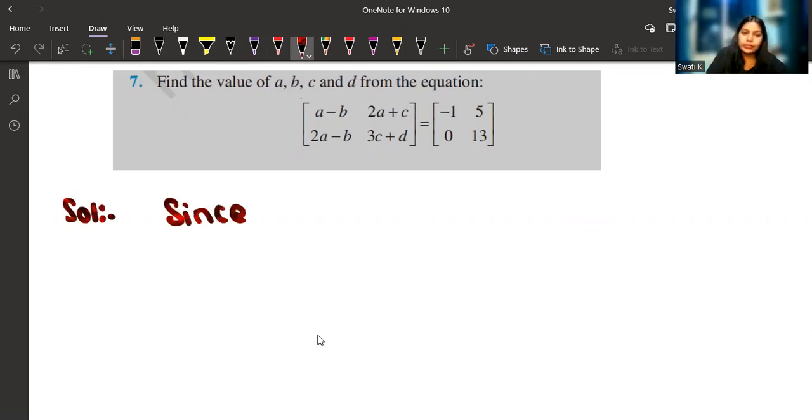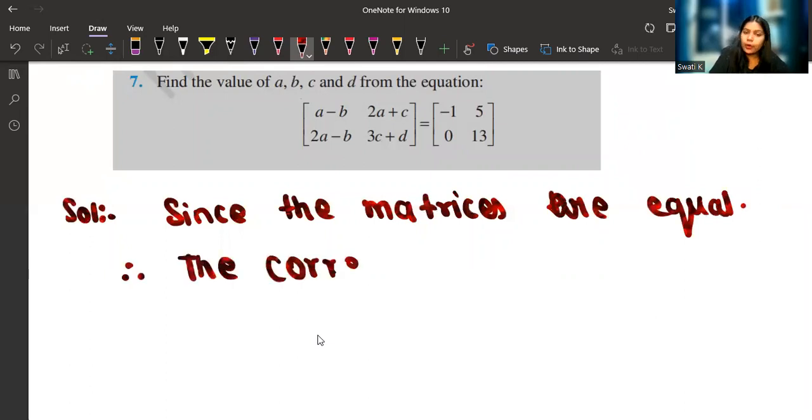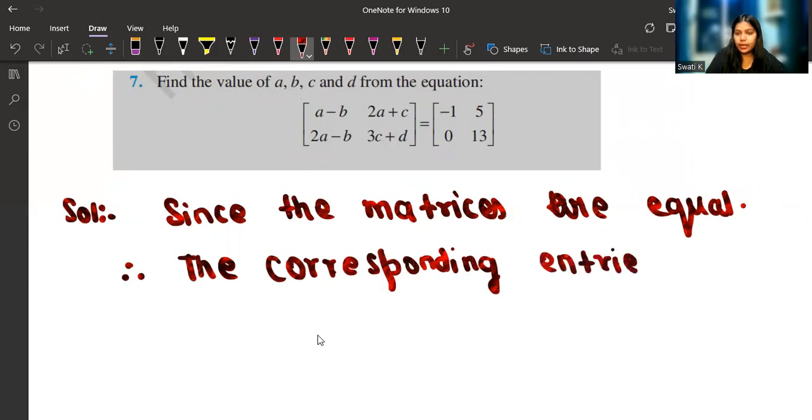So you can write down, since the matrices are equal, therefore the corresponding entries are going to be equal. The corresponding entries meaning the first entry will be equal to the first entry on the other side, second entry will be equal to the second entry on the other side, and etc. So it means the corresponding entries are equal.